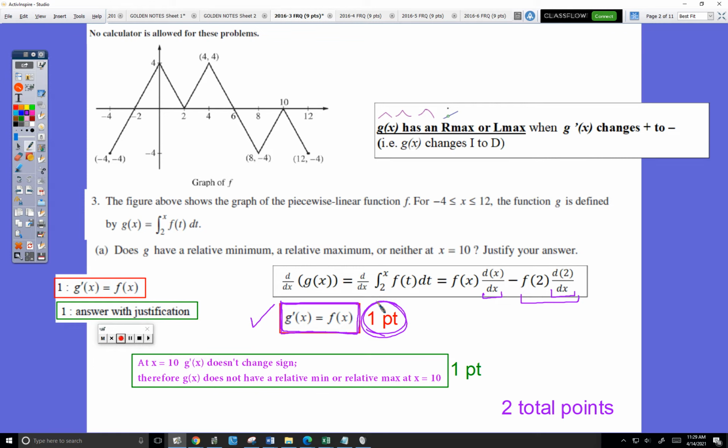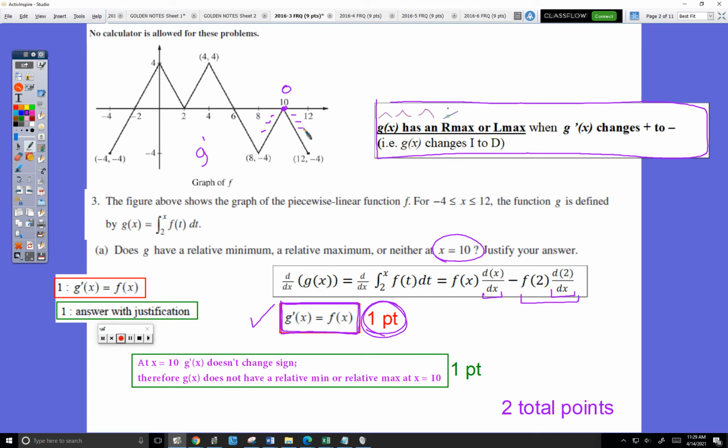So now I can look and say, okay, G has a relative max when G prime changes positive to negative. This is now the graph of G prime. I'm supposed to be looking at x equal 10. Hey, there we go. At x equal 10, the values of G prime are changing from negative to 0 back to negative.